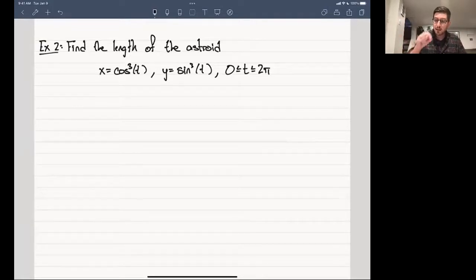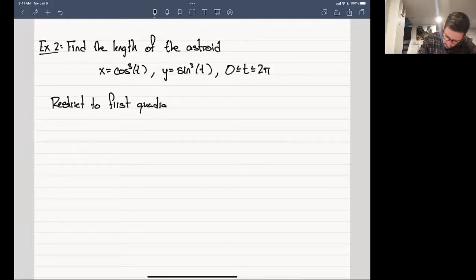We can find the length in the top quadrant and multiply it by 4. So let's restrict to the first quadrant. And by symmetry, that's the same as restricting ourselves to 0 to pi over 2. That's 1/4 of the domain.